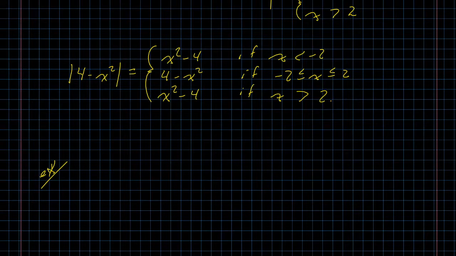Right, here's one for you to try. I'd like you to take a look at the function f of x equals the absolute value of x over 1 minus x.